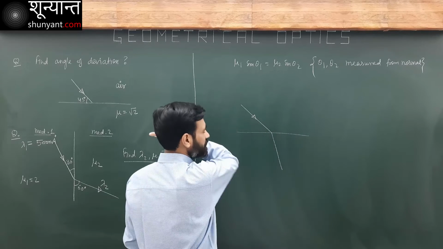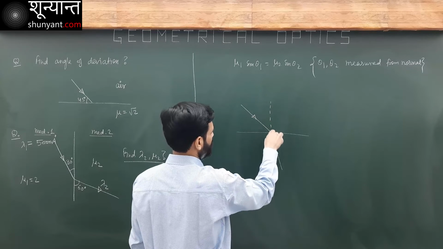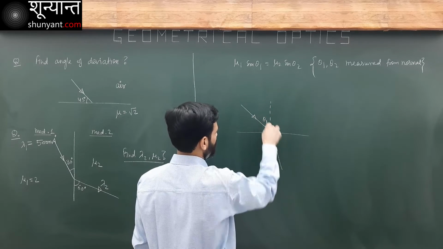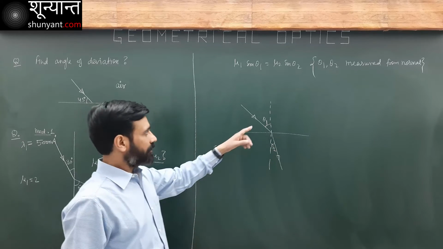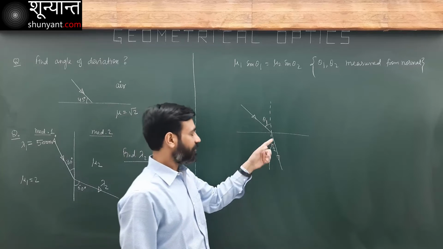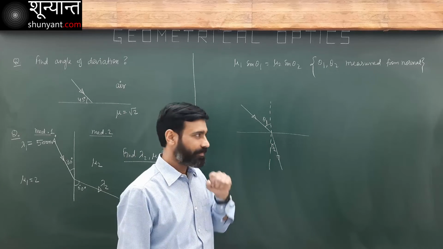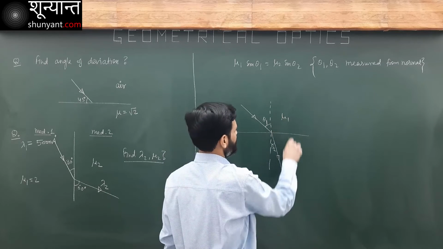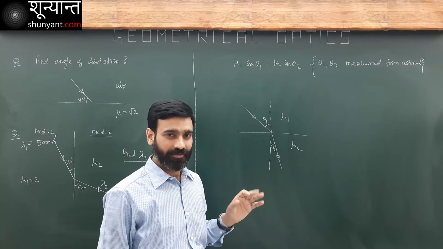This is my common normal here. This is theta 1 and this is theta 2. Which is angle of incidence and which is angle of refraction? Angle of incidence, angle of refraction. Makes sense. This is mu 1, this is mu 2. Mu 1 sin theta 1, mu 2 sin theta 2. Snell's law.